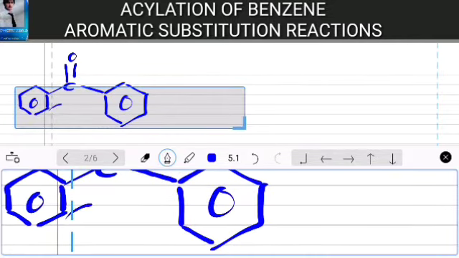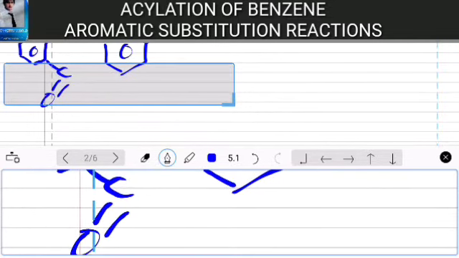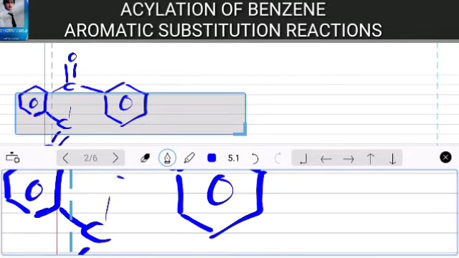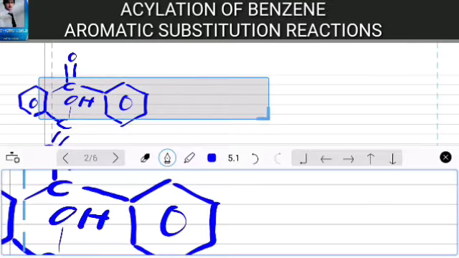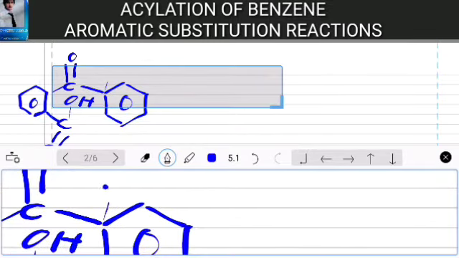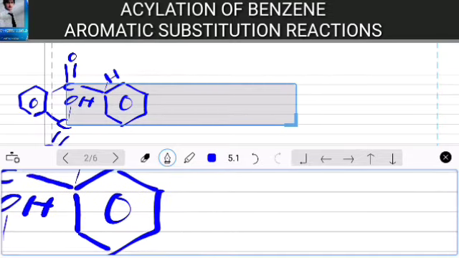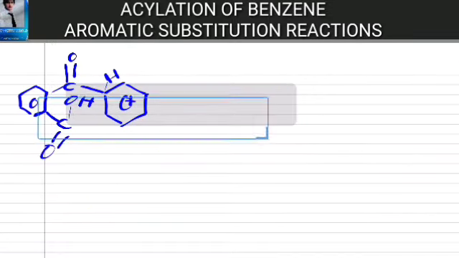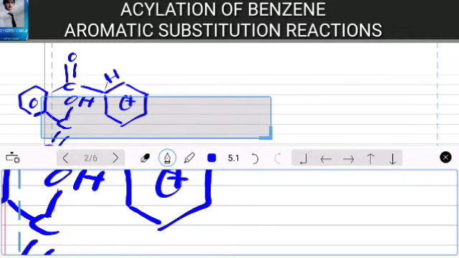And here we have carbon, double bond O and OH, because when it attacks, this will become an intermediate, as we know.